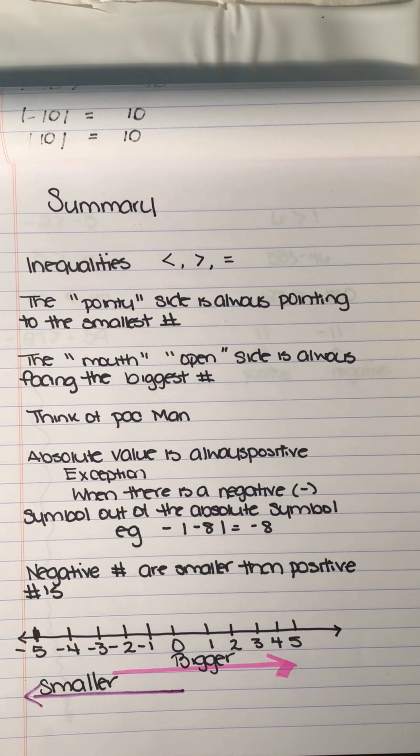All right, guys, let's go over what we've learned. In summary, the inequality symbols. The pointy side of the inequality symbol is always facing the smallest number. The open side, the mouth part, is always trying to eat the bigger number, so the open side is always facing the biggest number.